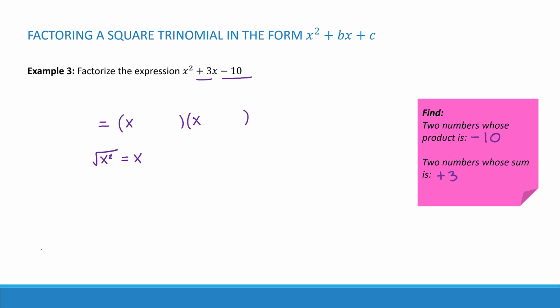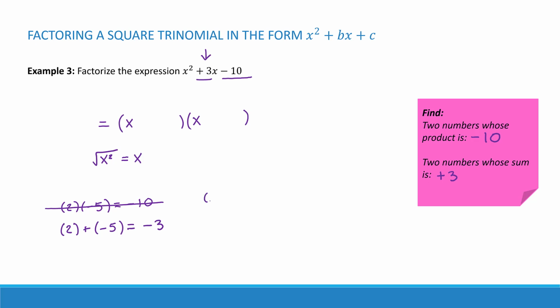So it can be positive 2 times negative 5. 2 times minus 5 is minus 10. Let's see if they also work for the addition. Positive 2 plus minus 5 is minus 3. It's not the number we need because we need a positive 3. So that means that it's not going to be 2 and minus 5.